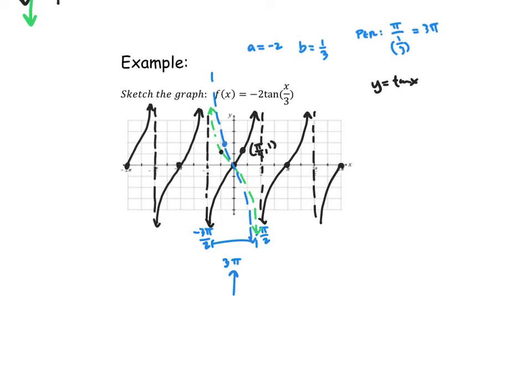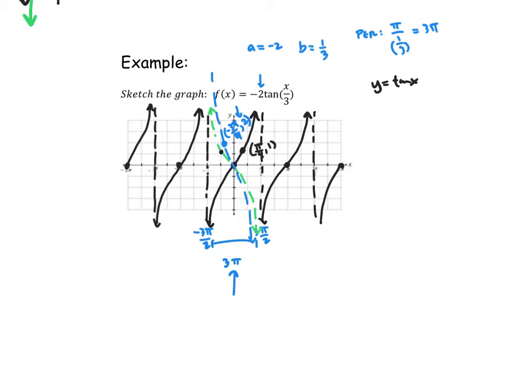So you should see over here this point, negative pi over 4, oops, I'm sorry, 3 pi over 4, right? Because we did the horizontal stretch, 3 pi over 4, comma 2, right? We've doubled the output.